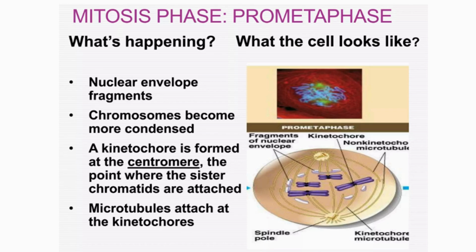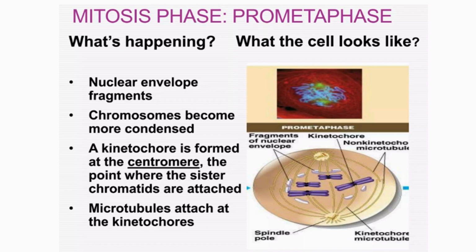First, you can observe that the white color is the nuclear fragments, which have been fragmented. Secondly, all the chromosomes become more condensed. For example, the chromosomes' appearance is thicker as compared with the previous picture. So here you can see that all the chromosomes are condensed.